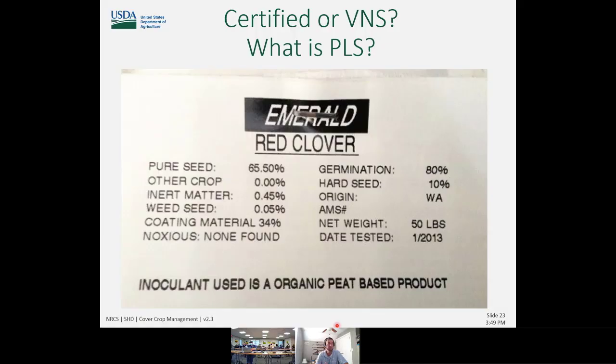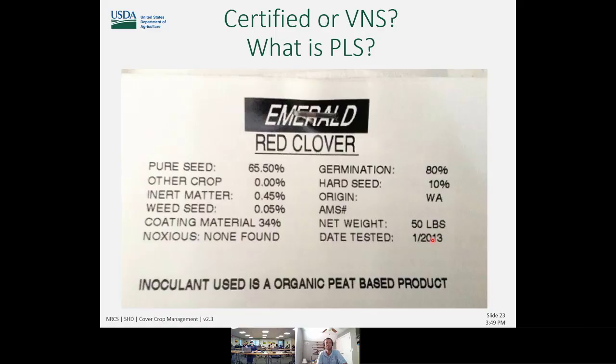So we need to know that, because a producer that wants to plant 10 pounds to the acre, and this is a 50-pound bag according to the seed tag, we're telling them they need to plant 10 pounds per acre. Well, they're just going to say, all right, 50-pound bag, I'm going to do 5 acres, and I need X amount of bags delivered.